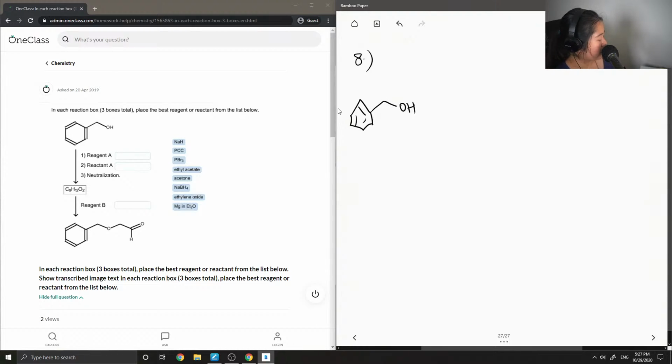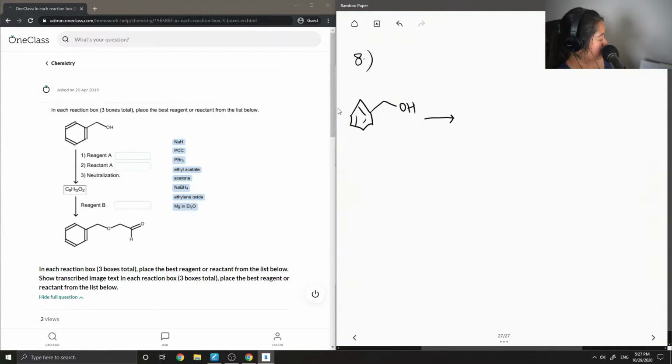So if we start off with an alcohol group, in order to add our carbon group, which should contain an extra 2 carbons and an oxygen, we're looking at ethylene oxide.